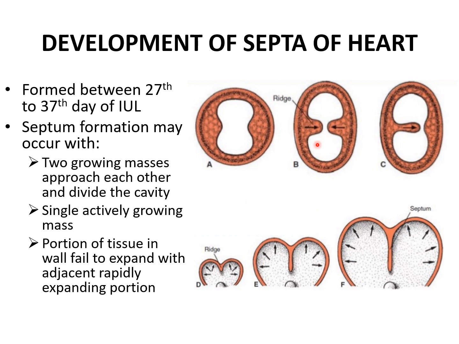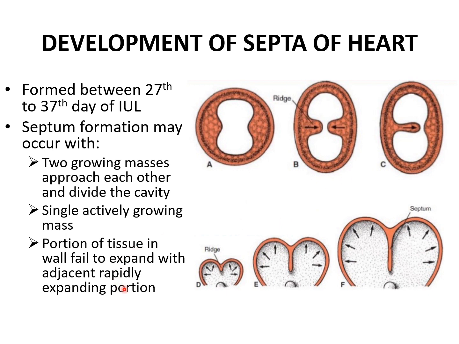Another method is generally seen due to the enlargement of endocardial cushions, which are found at the junction of the atria and the ventricle, that is, at the level of the atrioventricular canal or at the level of the bulboventricular canal. Then another method is that only a single mass grows towards the other wall. There is no mass on the other side, only a single mass grows. This generally is the method by which the septa of the atria and the ventricle grow.